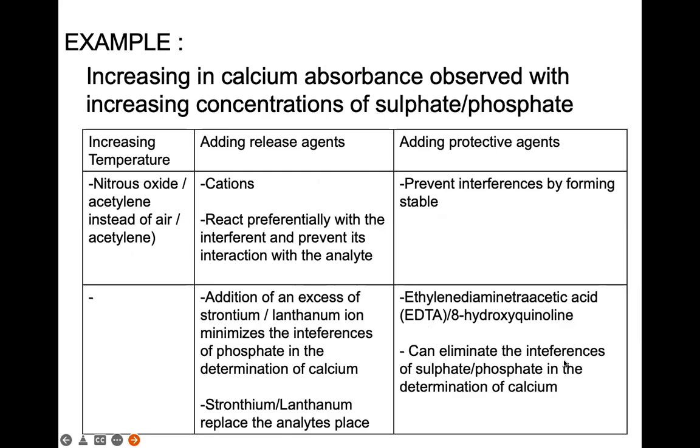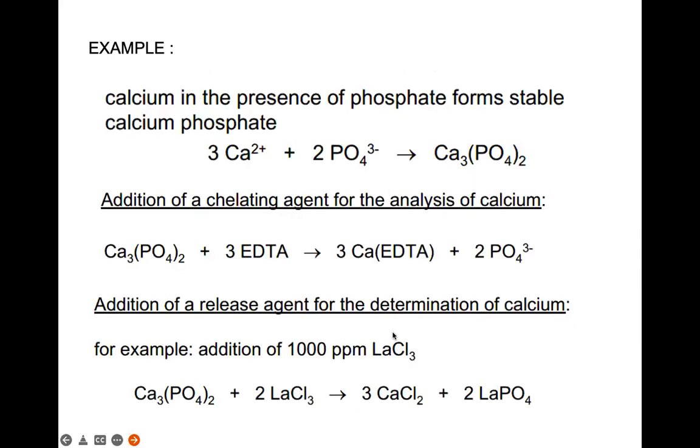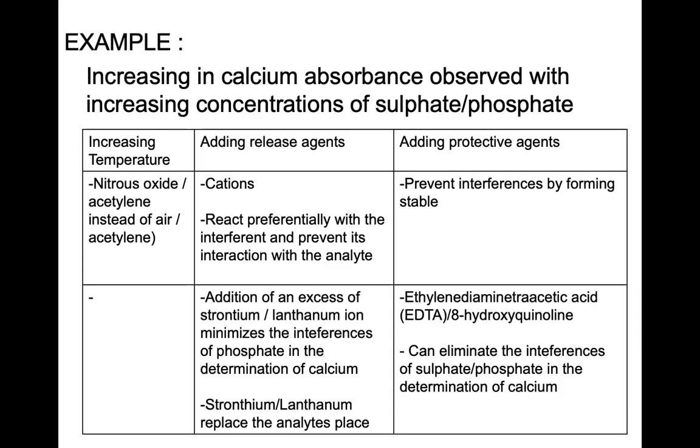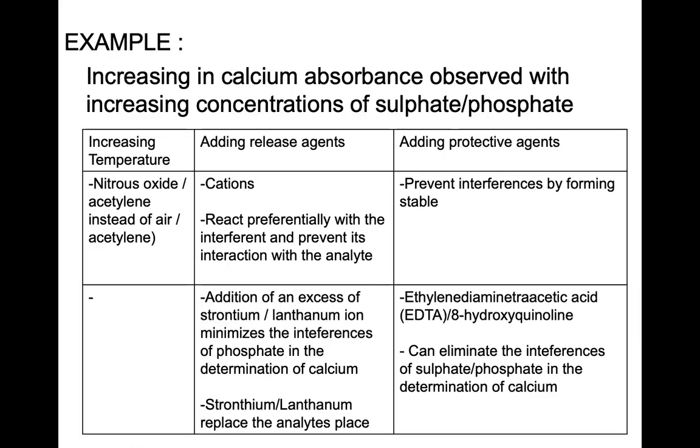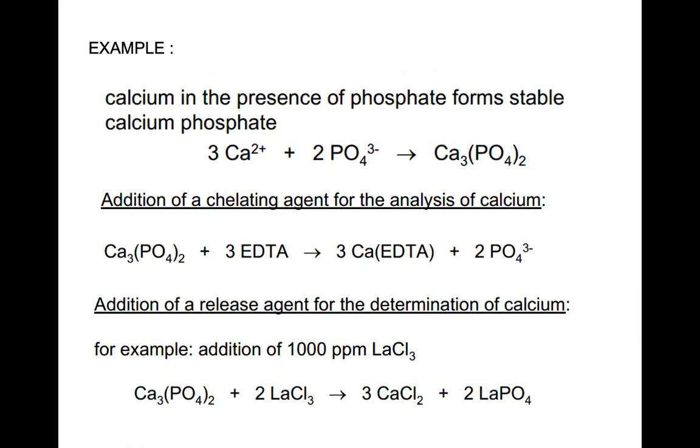This is a protective agent, EDTA, usually known as a ligand or chelating agent. It helps to reduce chemical interference from low volatile salts. If you decide to study some metals, you need to study the procedures. For example, here they add EDTA to avoid the chemical interference. You have to do this during method development.